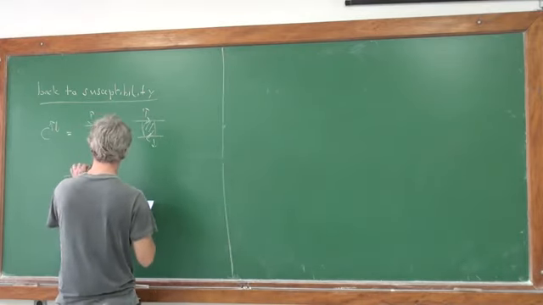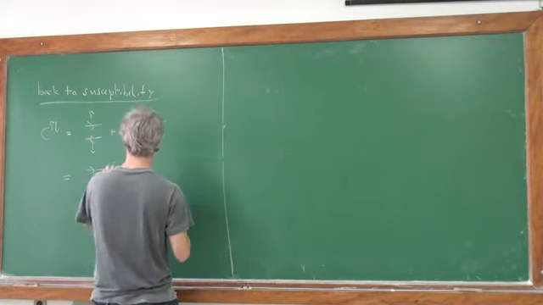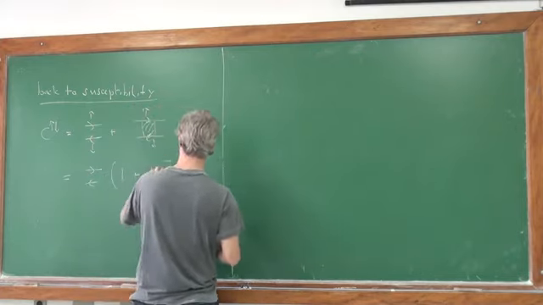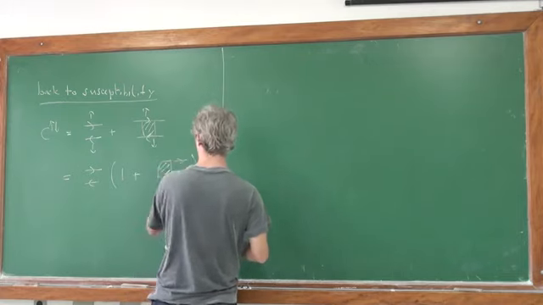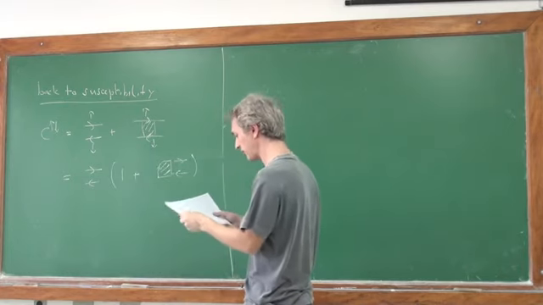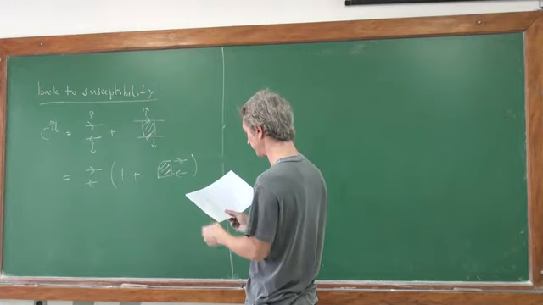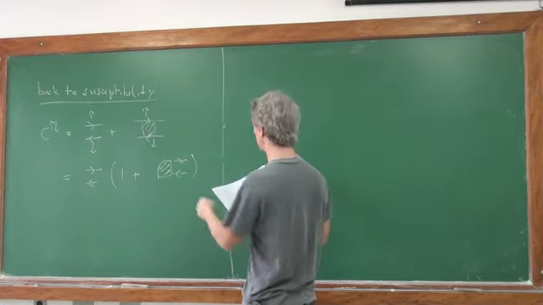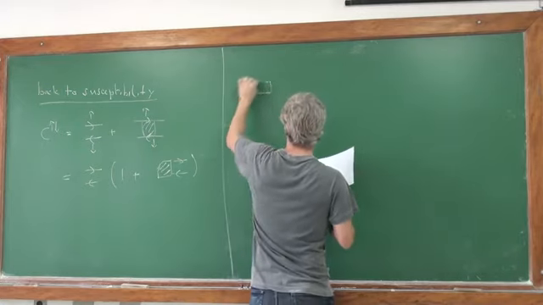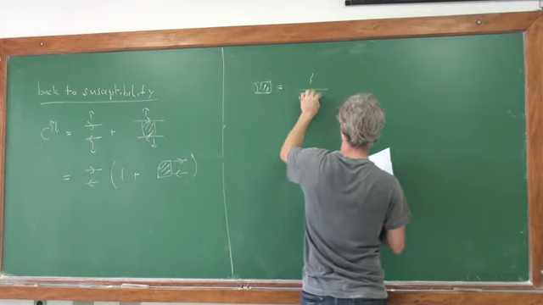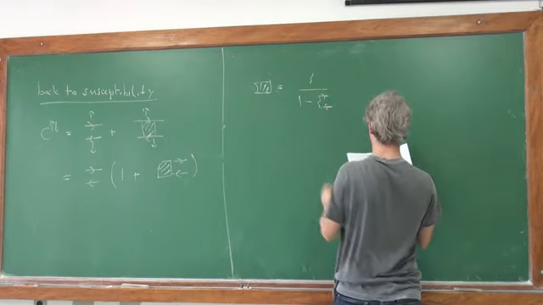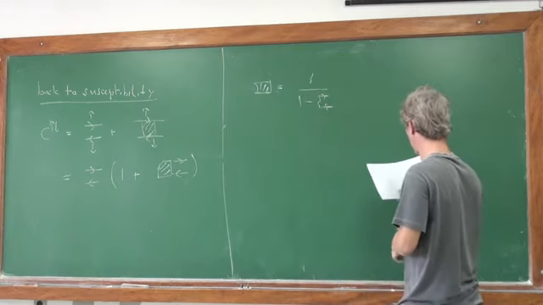So we can write this in the following way, just factoring out the polarization operator, and then we can recall what this was. This was the solution for the vertex.